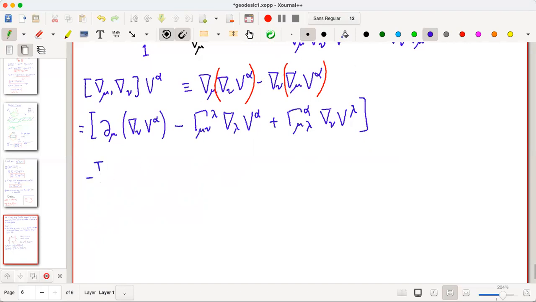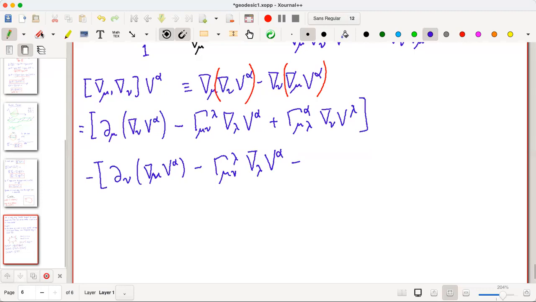The second term will be put like this as well. This is del mu v alpha minus gamma mu nu lambda del lambda v alpha.